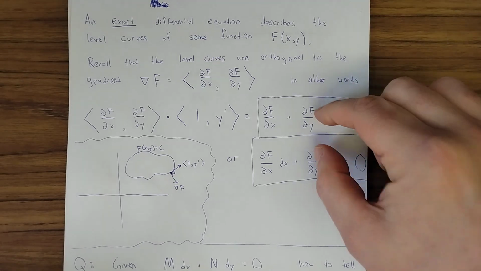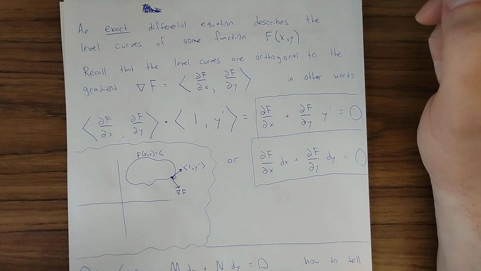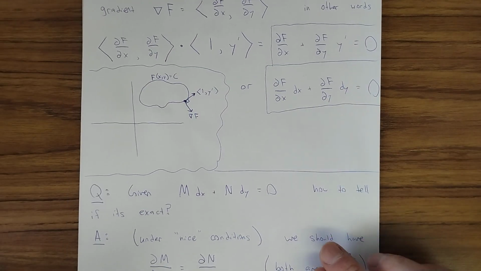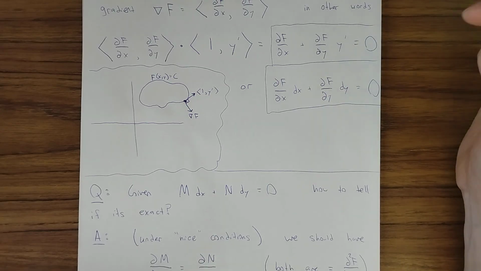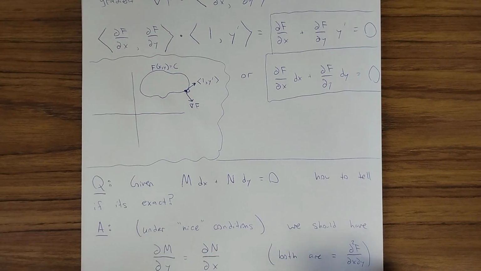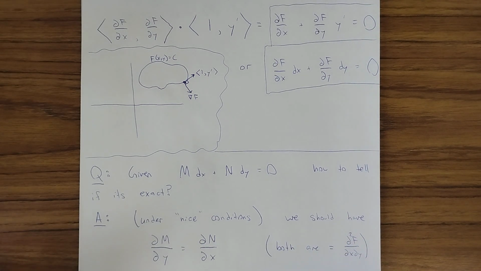So it's all about going from this to finding your function f. Of course, not every differential equation is exact. Not every differential equation has this form. So you can't just approach it as if you're definitely going to find an appropriate function f, because you're not always going to find an appropriate function f.